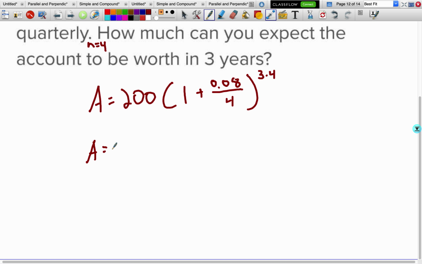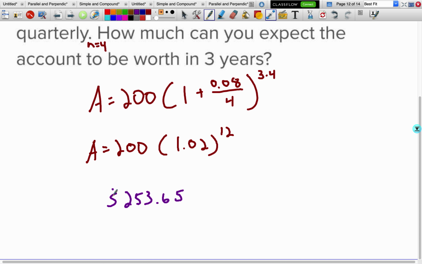So my final amount equals my $200 times, this becomes a 1.02, and this becomes a 12. All right, so instead of getting 8% 3 times, I'm getting 2% 12 times, and that actually ends up netting me a little bit more money. So this we can just plug into our calculator. To the power of 12, and we get $253.65.